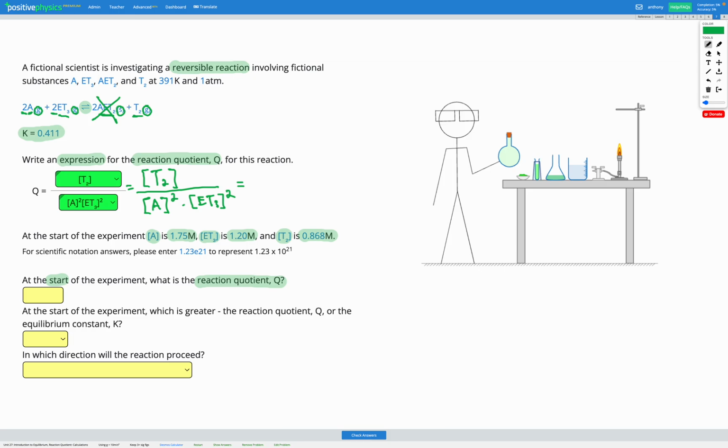So the concentration of T2 is 0.868 molar. Then we've got the concentration of A, which is 1.75, and that's squared, multiplied by the concentration of ET3, which is 1.20, that's also squared. So if we put that into our calculator, we're going to get a value for Q of 0.197. So we can fill that in down here.